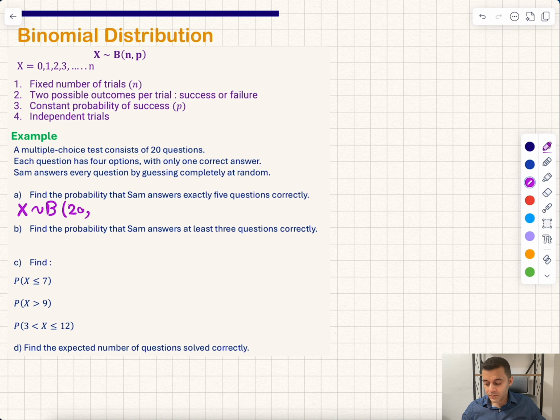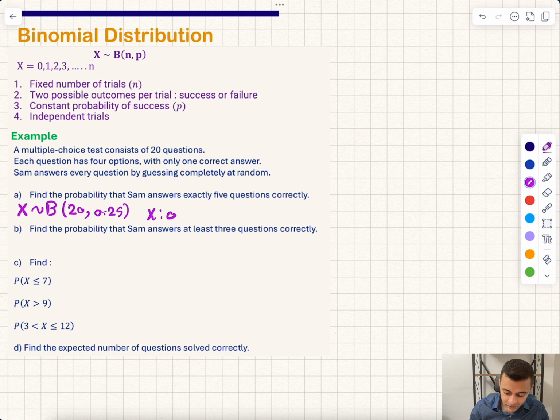Now the probability of success is the probability of having one success in one single trial, which is here the probability of solving one question correctly. Now here you have 4 options in each question, A, B, C, and D, for example. What's the probability that you will choose the correct one out of these 4 if you are choosing at random? Of course it will be 1 out of 4 or 0.25.